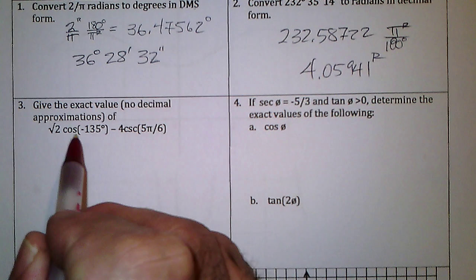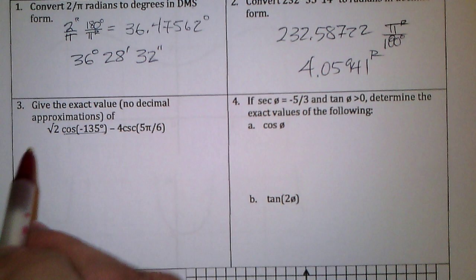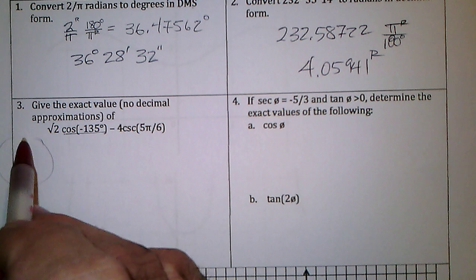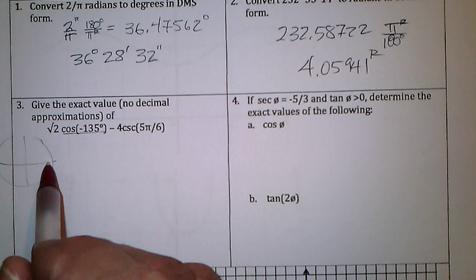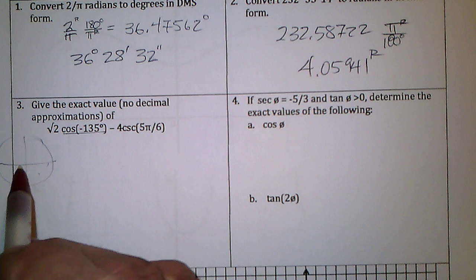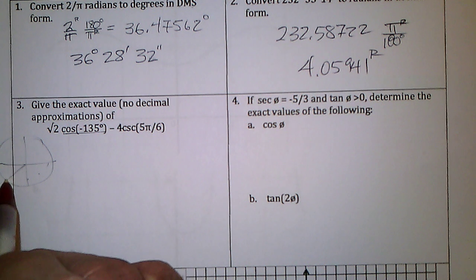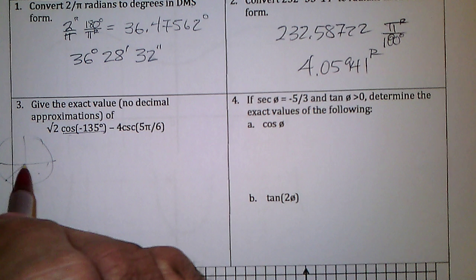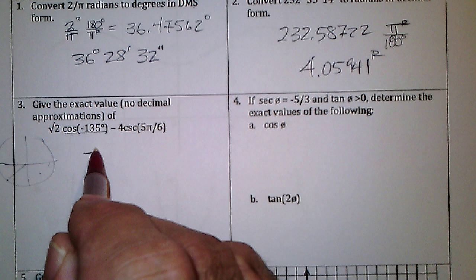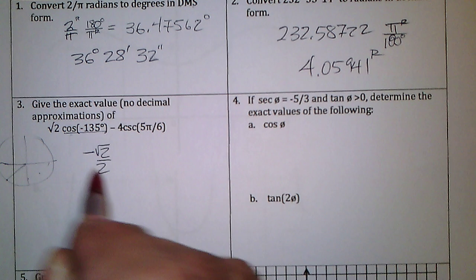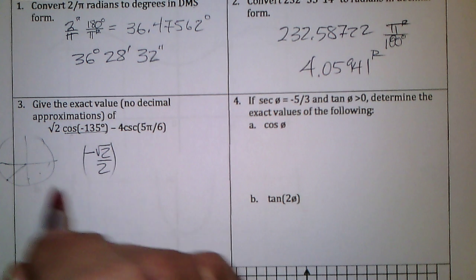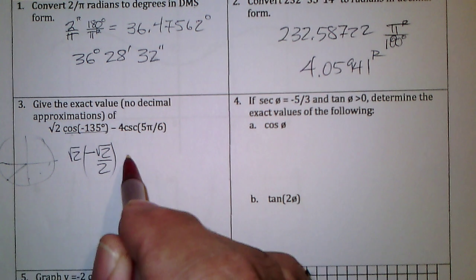The exact value of this: the cosine of negative 135, negative 4590, 135. The cosine is minus square root of 2 over 2, and that's multiplied by the square root of 2.